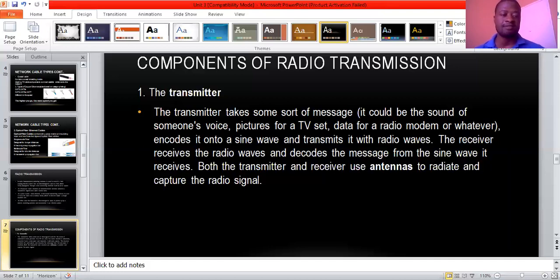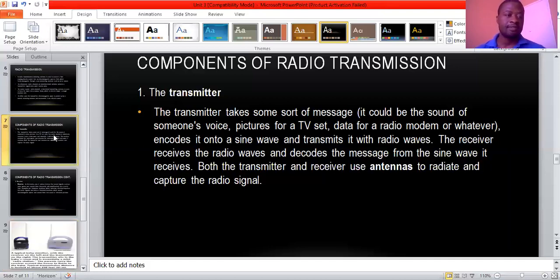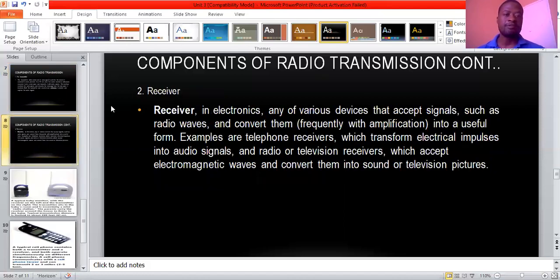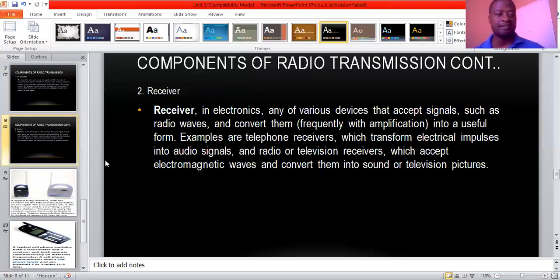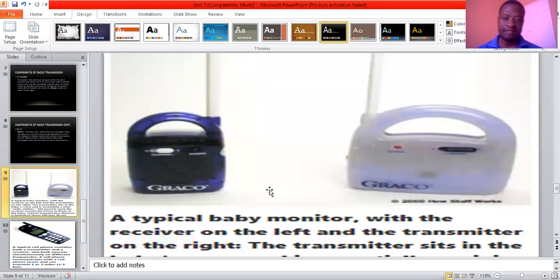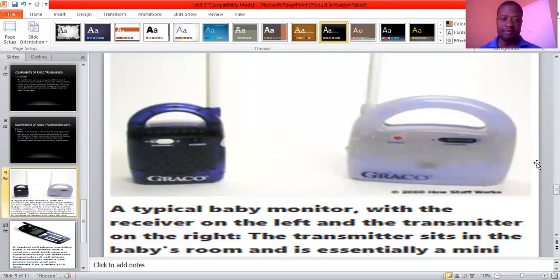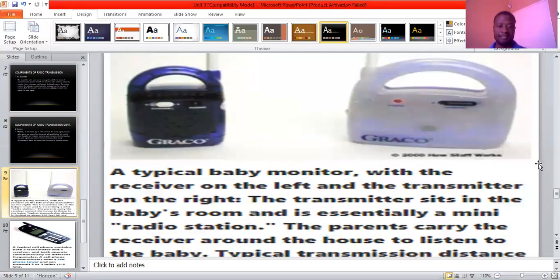So that is one of the components of radio transmission: the transmitter. And then we also have the receiver, which receives the signals. If you look at this example, this is a typical baby monitor with the receiver on the left and the transmitter on the right.